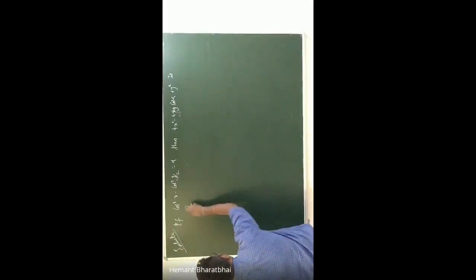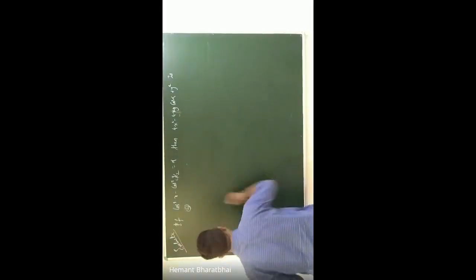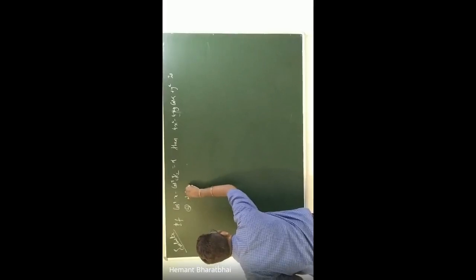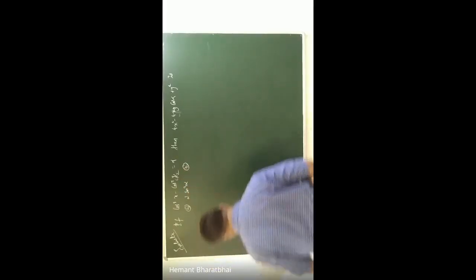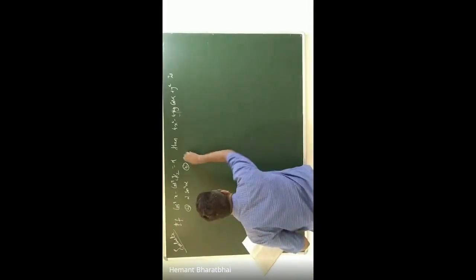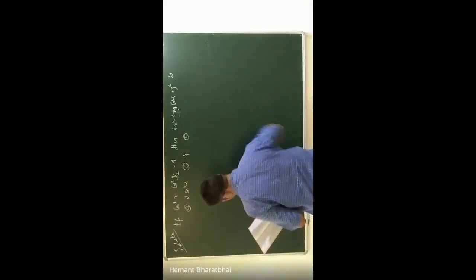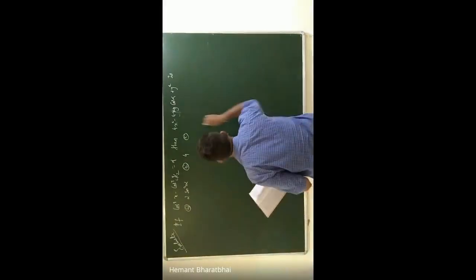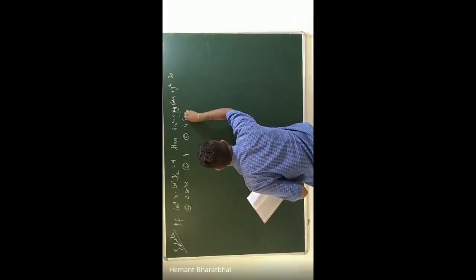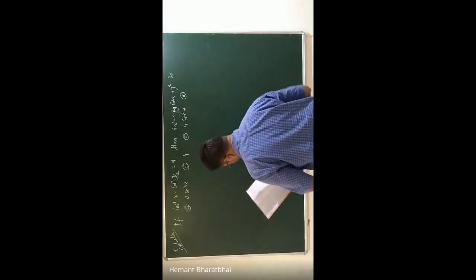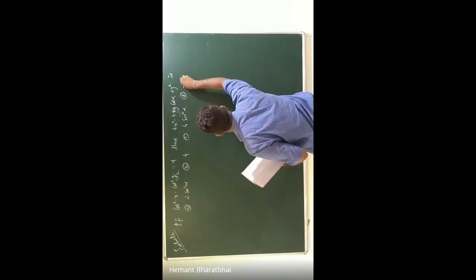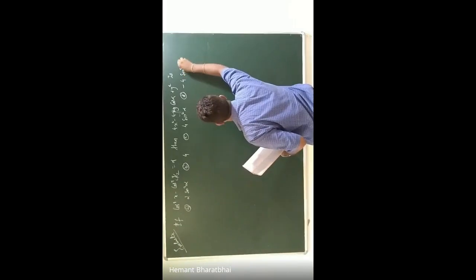So we have to find out the value of this given equation, and the options are: option number A, 2 sin square alpha; option number B, 4; option number C, 4 sin square alpha; and option number D, minus 4 sin square alpha.